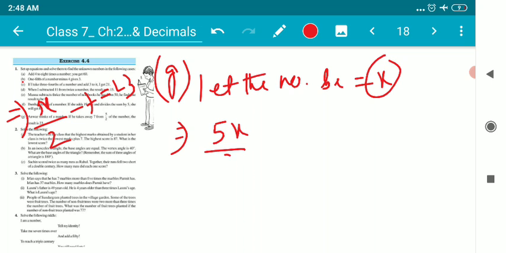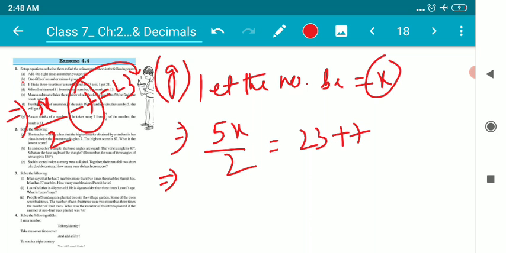Let this 5x by 2 be here, minus 7 will be transposed to other side, and it's going to be 23 plus 7. So children, here 5x by 2 is equal to 23 plus 7 results 30, can be written as 30 by 1.